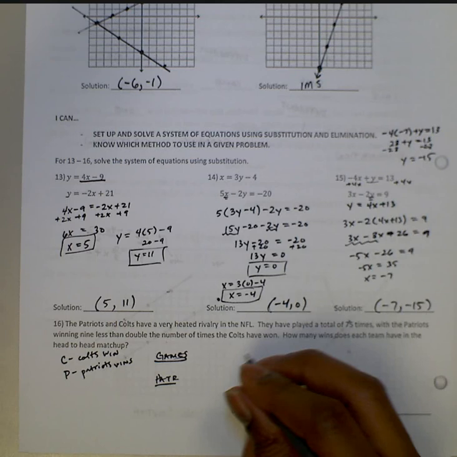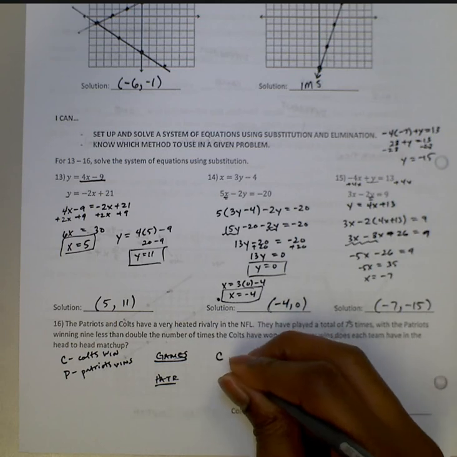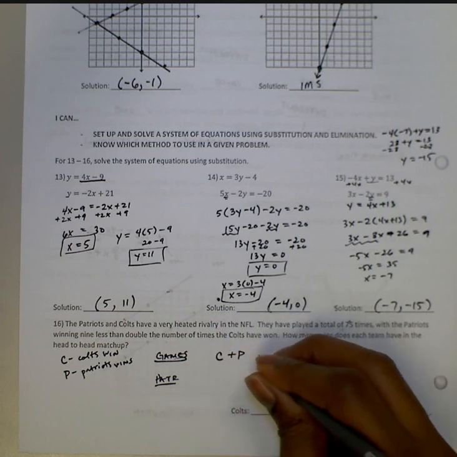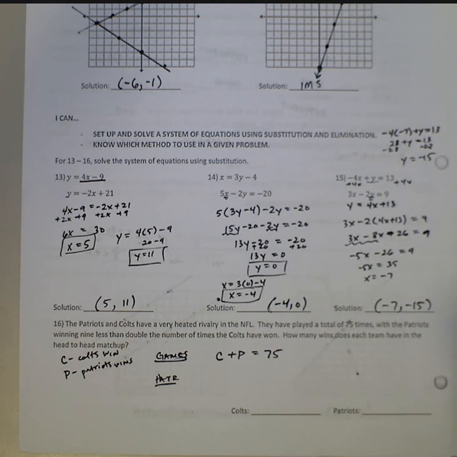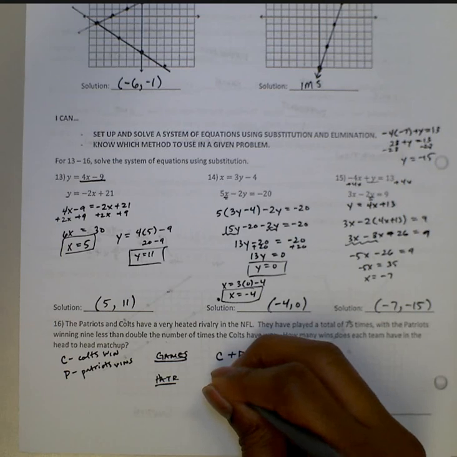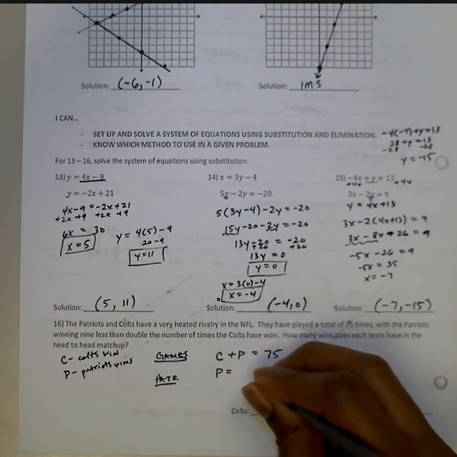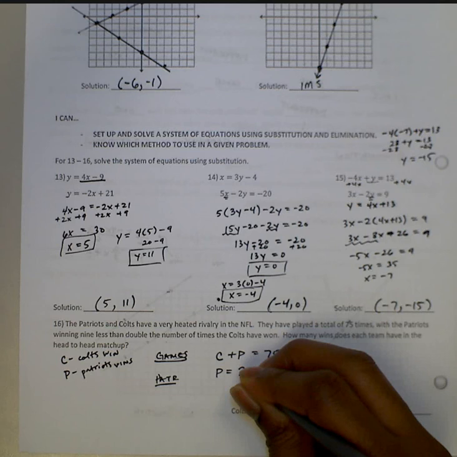So, Colts wins plus Patriots wins equals 75, since they played 75 times. And then it says the Patriots winning 9 less than double the times the Colts have won. So the Patriots winning equals 9 less than double the time the Colts have won.